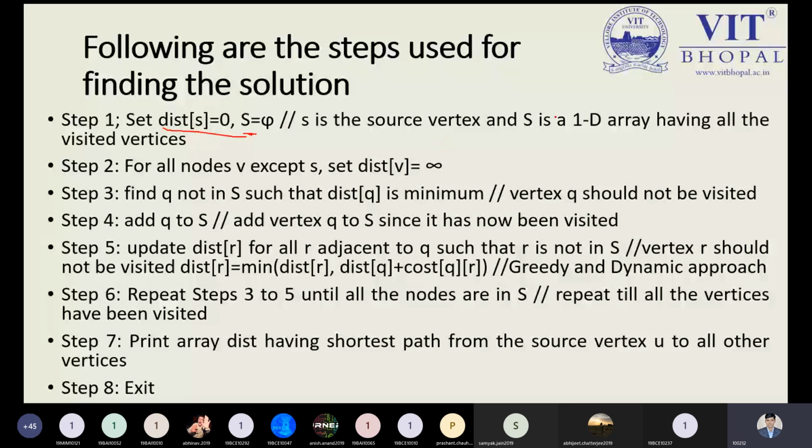The second step says that for all the nodes v except s, the distance of v will be infinity. This is the point we need to keep in mind, because I don't know the other distances where I can move. First I need to calculate the distance. Suppose you are coming from VIT Bhopal campus to Bhopal.